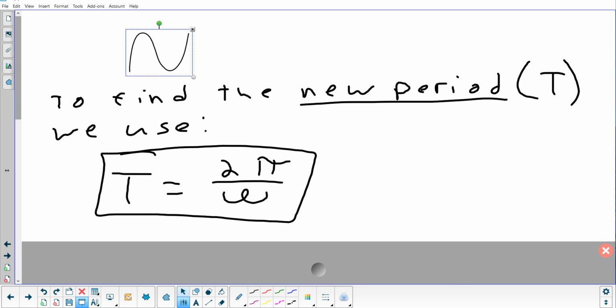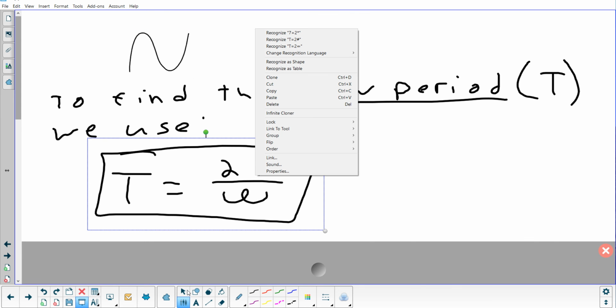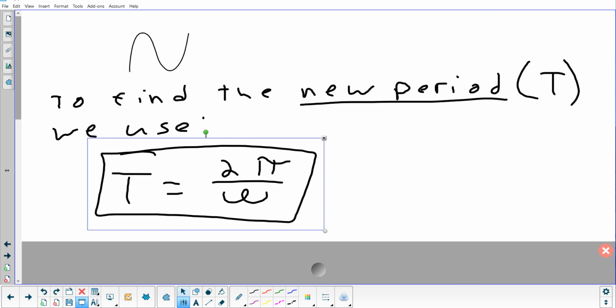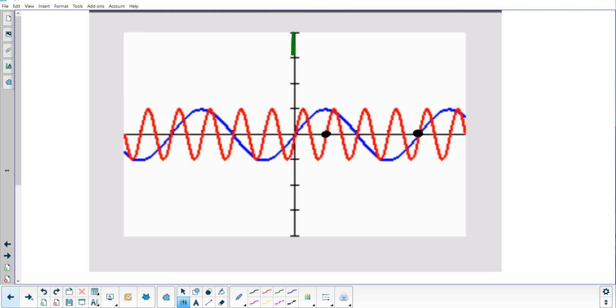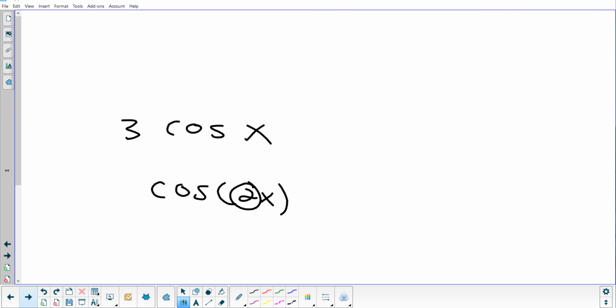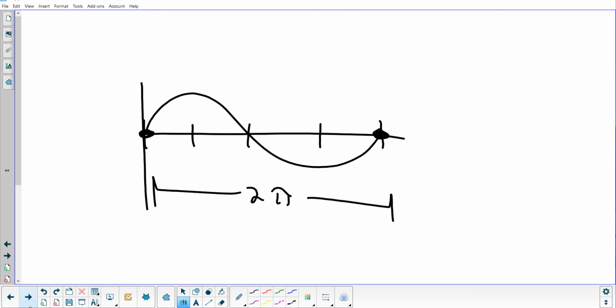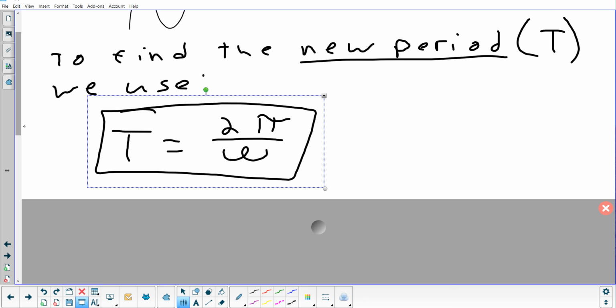So to find out the new length of one cycle, if you perform a stretch or a compression, you take the original cycle length, that's where the 2 pi comes from, and you divide that by omega. Now remember, omega is just the number that's in front of x. So in this case it's 2. So what you do is you take and fill in a 2 in the bottom.